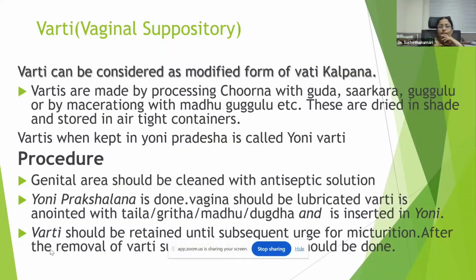The vagina should be lubricated in certain conditions, like when the Varti is very Tikshna. The Varti should be retained until the subsequent urge for micturition, and after that, the Varti should be removed.